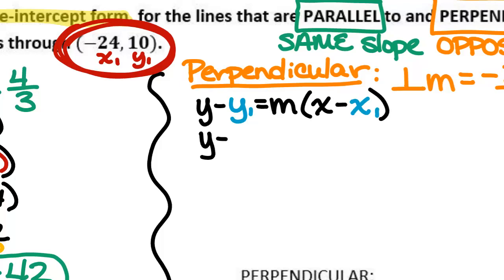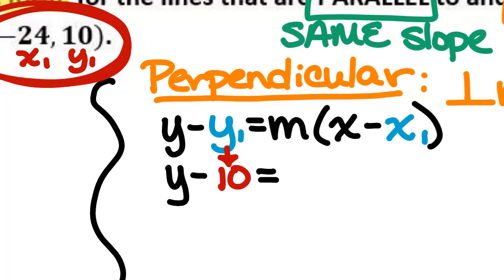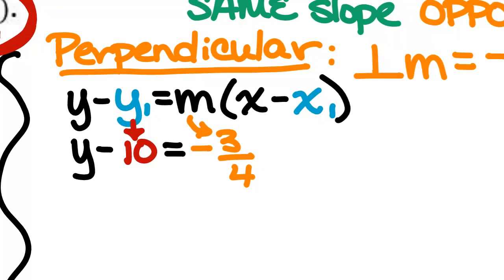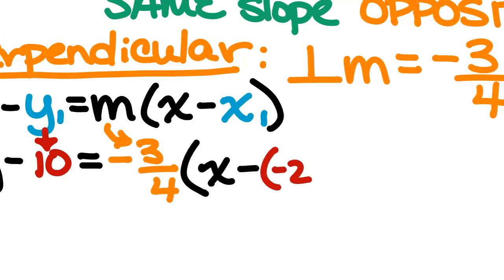Yes, thankfully. So I have Y minus, we're still putting 10 in for Y1, equals, what are we putting in for M this time? -3/4. That's where that perpendicular slope goes. And then parentheses X minus, and we're putting -24 in the place of x1.